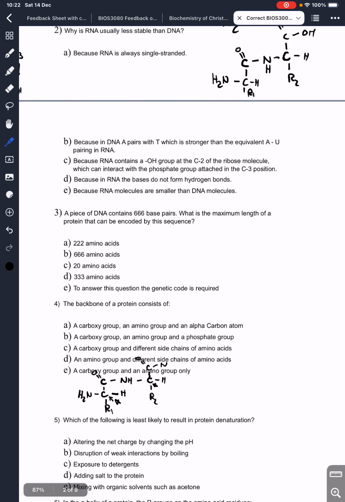In question 3, it is asked: if you've got 666 base pairs, what is the maximum length of a protein that can be encoded by that sequence? We know that a codon is made up of 3 bases, and each codon can stand for an amino acid.